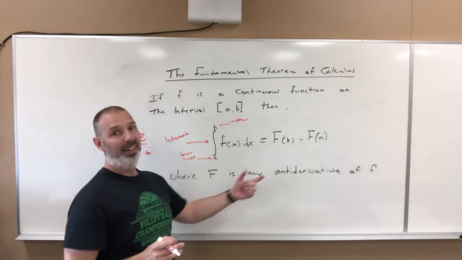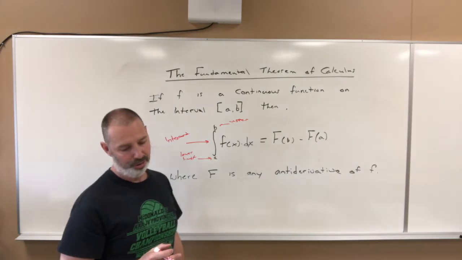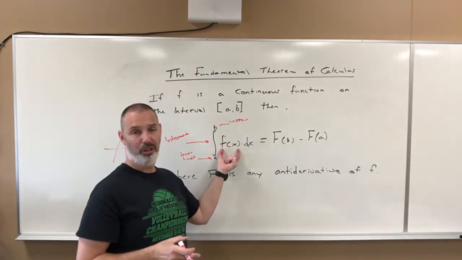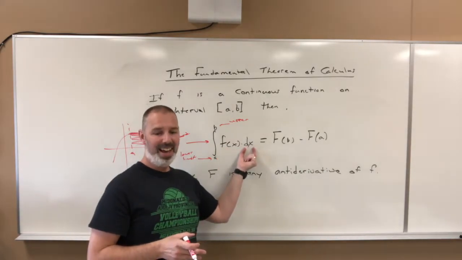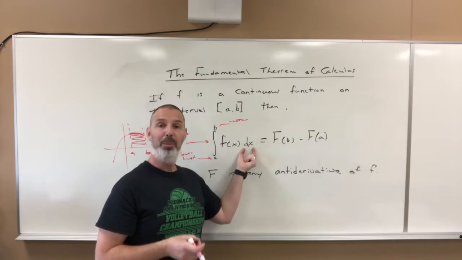And so that is what we'll be using when we put in b and a into our theorem here. The f of x is our function that is to be integrated, and this dx here is again just simply notation for the variable of integration.